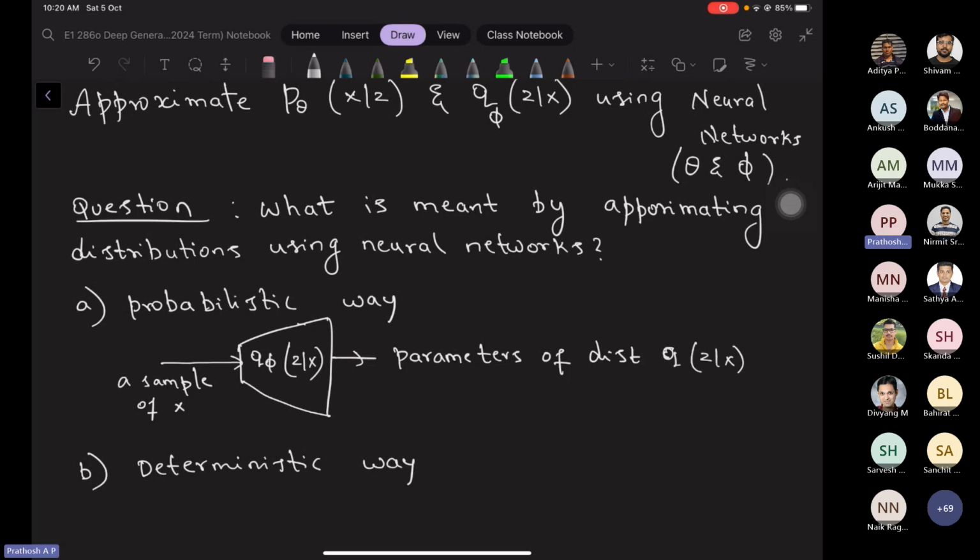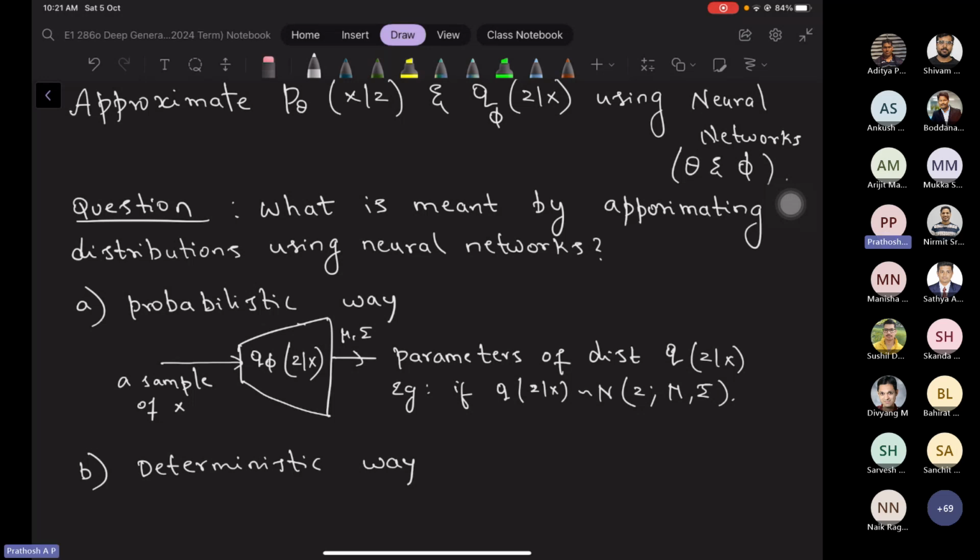This is typically called a probabilistic neural network, where a neural network gives you the parameters of a distribution. For example, if q of z given x is assumed to be a Gaussian with some mean and variance, this neural network will give you the mean and variance as output. Make sense?